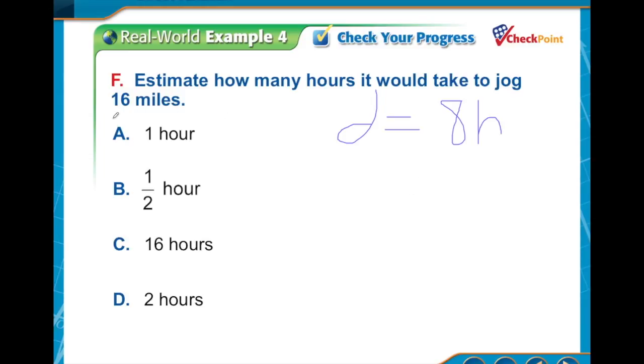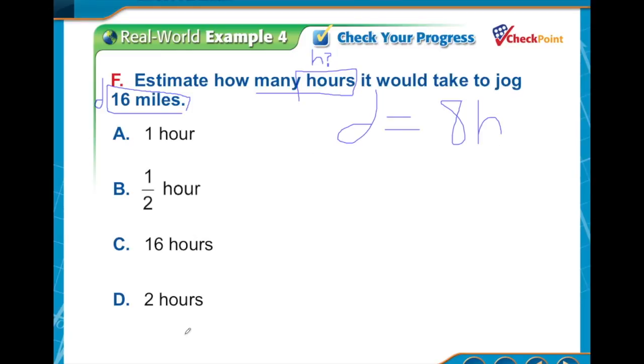So we want to find out how many hours, so we're going to solve for H. So this 16 miles is a distance. So they gave us a distance to plug in, and then we're left with only one unknown, and we'll solve for that H. So distance is 16 miles.